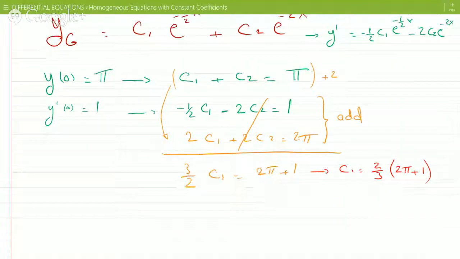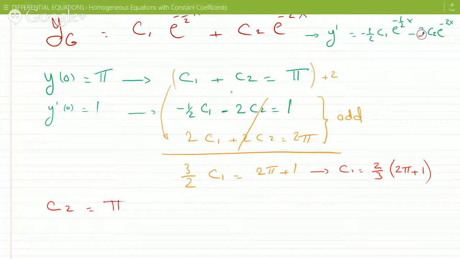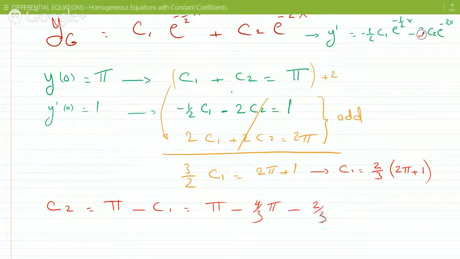And we can substitute back in the first equation to find C2. So C2 equals pi minus C1. So that's pi minus 4/3 pi, multiplying the 2/3 into the 2 pi plus 1, minus 2/3.